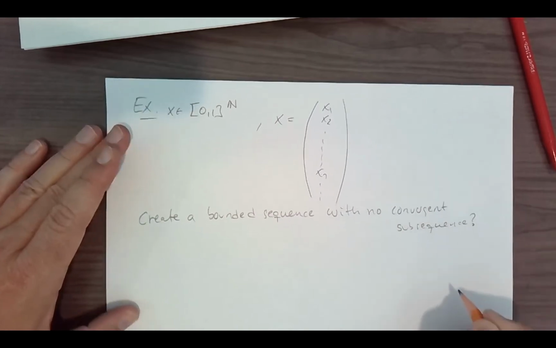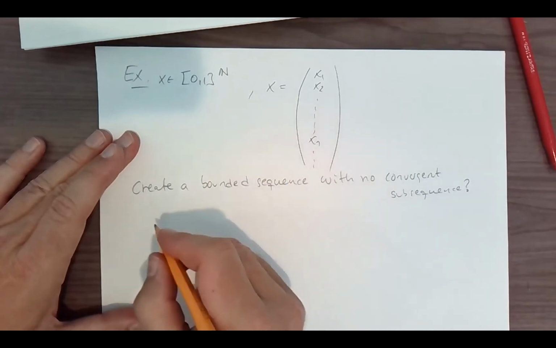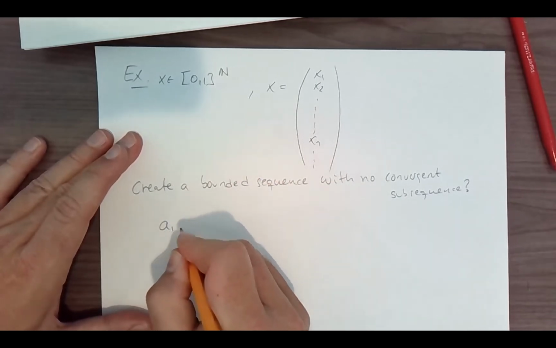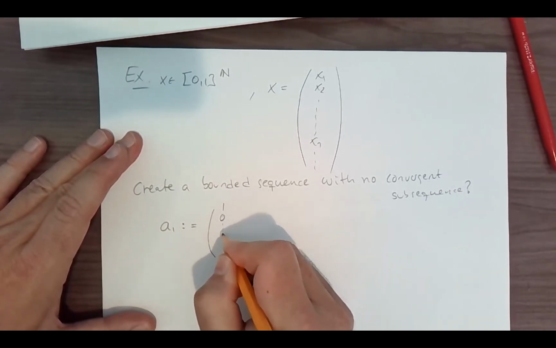Well, yes. Call the first one A1: there's going to be a 1 here and then zeros everywhere else.